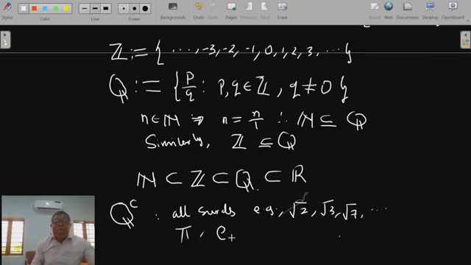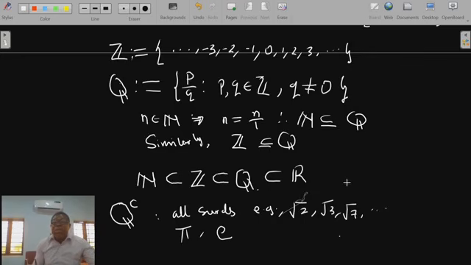The number e, where e is the base of natural logarithm, the exponential e, is also an irrational number. So irrational numbers are those numbers we cannot express as exact fractions or ratios, or numbers that do not have recurring decimal points.